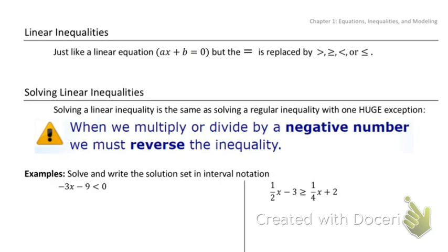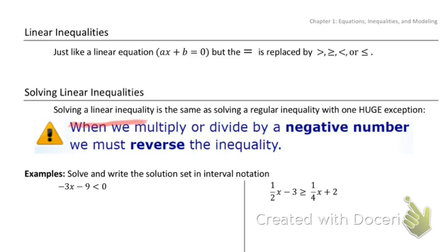All right, pushing on. A linear inequality is just like a linear equation, like ax plus b equals 0, with one huge change: we are going to change that equal to sign to a greater than, or equal to, less than, or equal to symbol. And since they are just linear equations, we are going to use the same methods of solving them with one huge exception, and I have it bolded, I got it big, I got an asterisk by it.